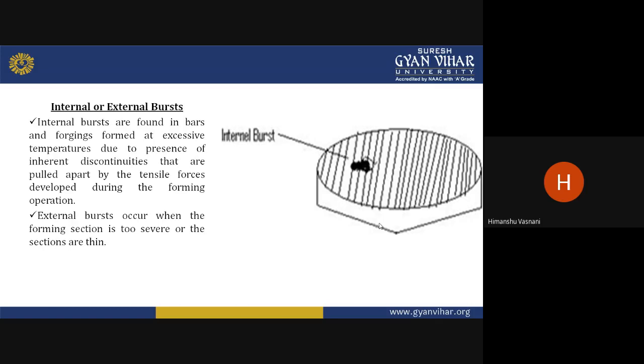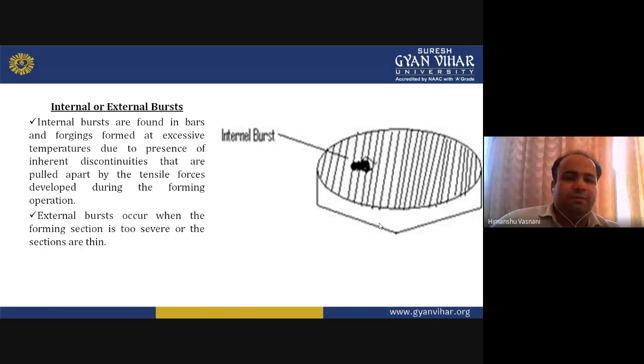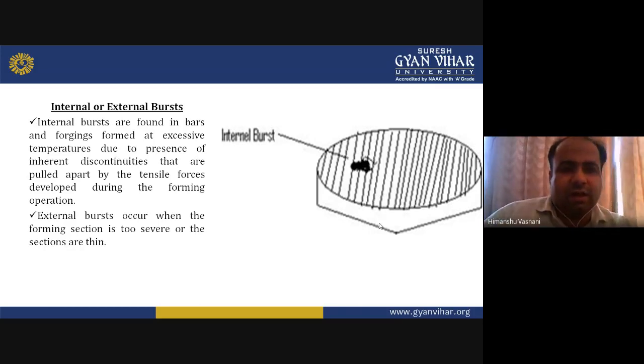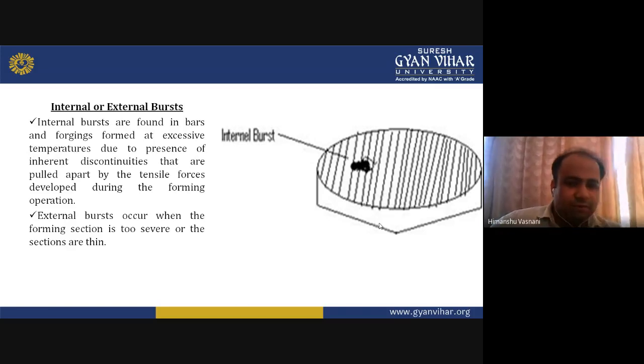If you have inherent discontinuities like porosity, blowholes or some kind of cracks in the starting, and you apply some tensile or pulling force, then some kind of internal burst may occur inside the workpiece.